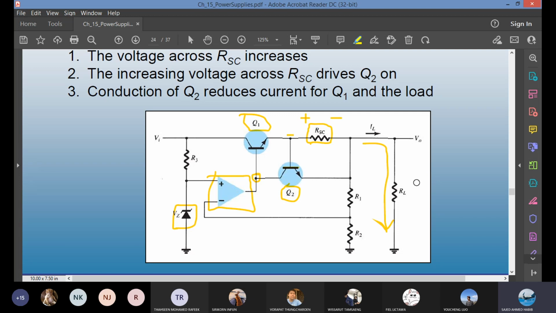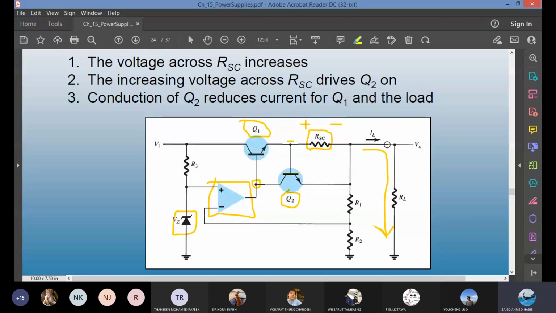The opposite thing will happen if for some reason, maybe during operation of the circuit, there is some disturbance on the load side, so the load current gets less and less. It will decrease the voltage across the short circuit sensing resistor, which means Q2 conduction will not happen. The base current will go down.